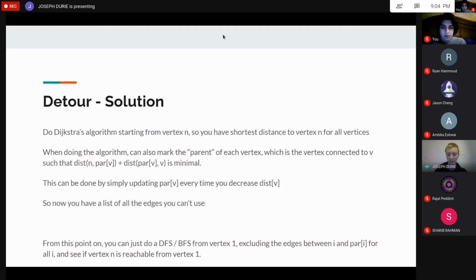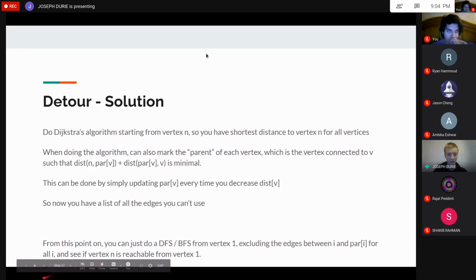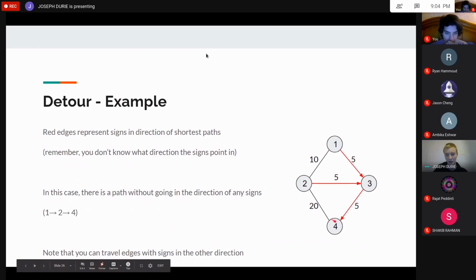You can think about the parent of a vertex in Dijkstra's as the one that you visit right before it on the shortest path to your source vertex. For example, going back here, the parent of 3 is 4 itself, the parent of 2 is 3, and the parent of 1 is 3.